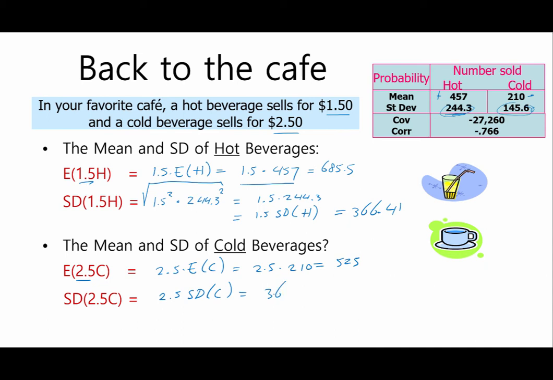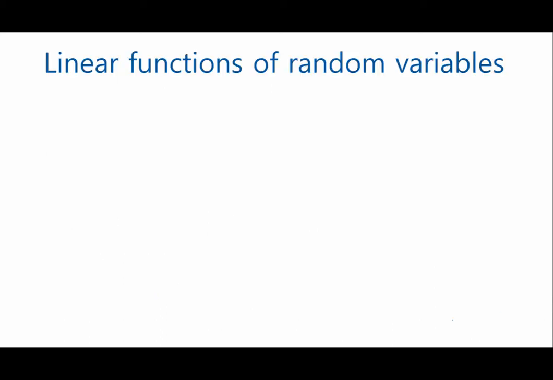Let me just write this out. 2.5 times the standard deviation of cold is 145.6, which is equal to 364.09. Okay, so that should be reasonably straightforward, I hope.